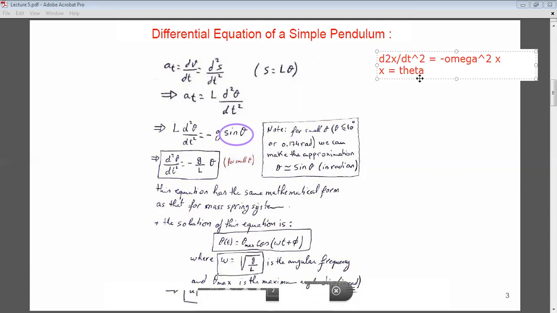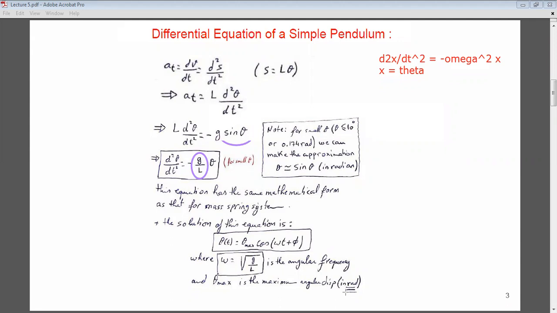with the same mathematical form as the mass spring system. This one we got in the mass spring system, where omega was the square root of k over m. Here it has the same solution. Theta will be theta maximum cosine omega t plus phi, but the omega will be the square root of g over L. And theta maximum here is the maximum angular displacement, and it should be in radian.